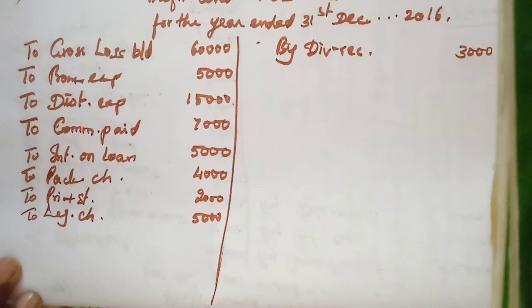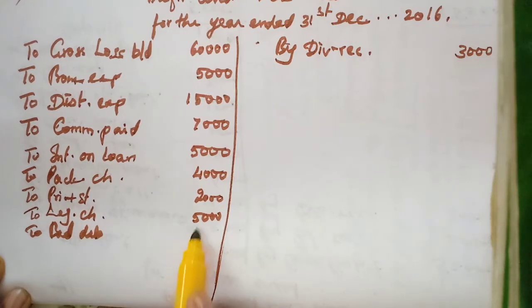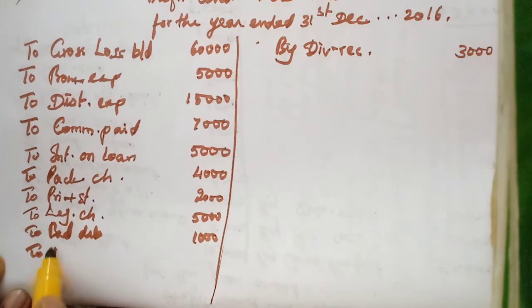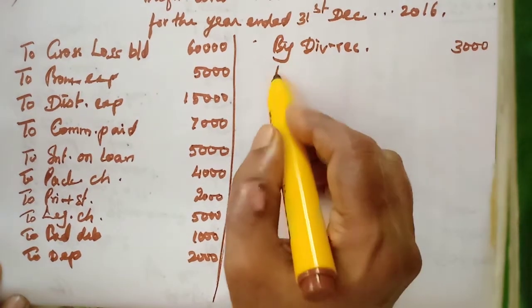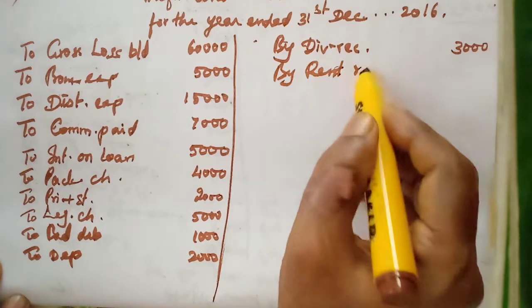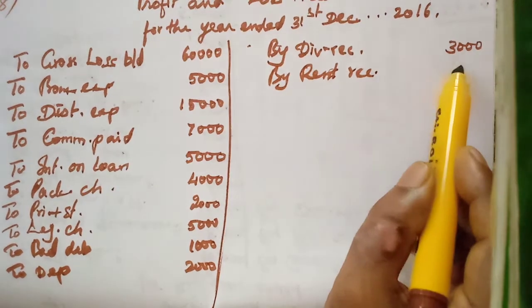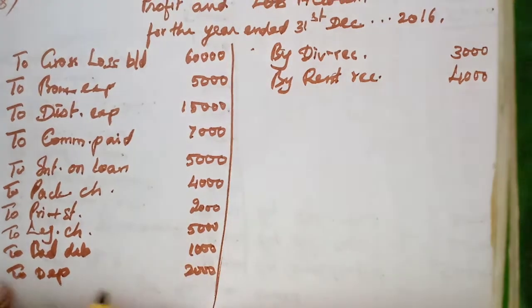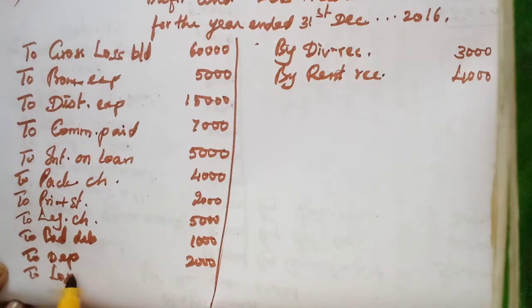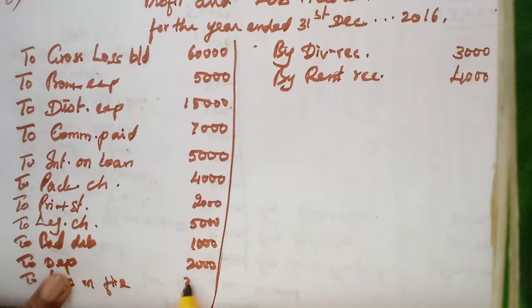Then bad debts 1,000. Then depreciation 2,000. Rent received 4,000. Loss by fire not covered by insurance. So loss on fire 3,000. It is a loss.